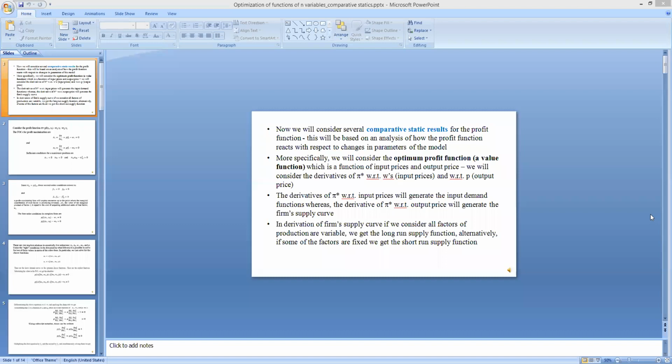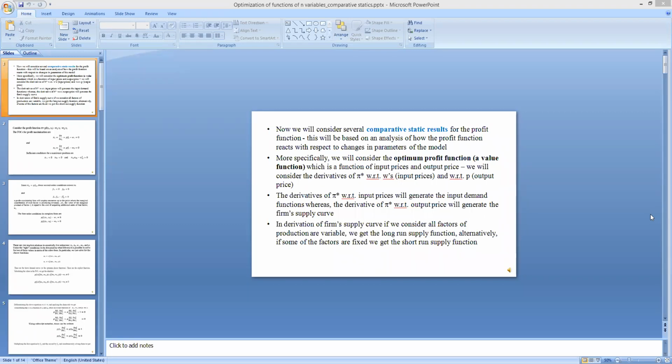In the beginning, when you are starting, the objective function is the function of variables. Now, finally, when you are deriving the values of the variables, then the values are coming in terms of the parameters of the model. So let's suppose we consider the profit function. So profit to begin with may be function of two inputs, x1 and x2.